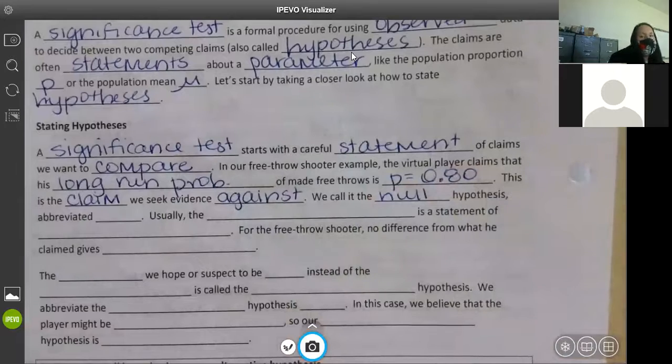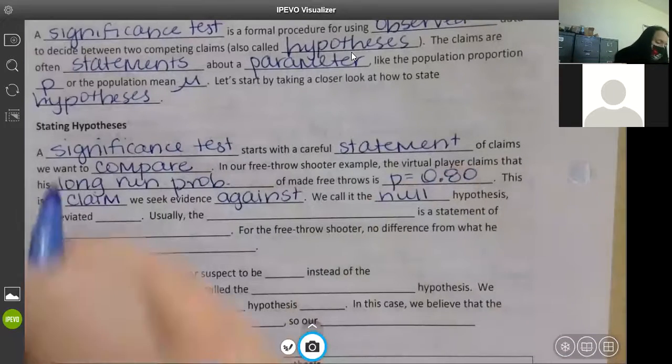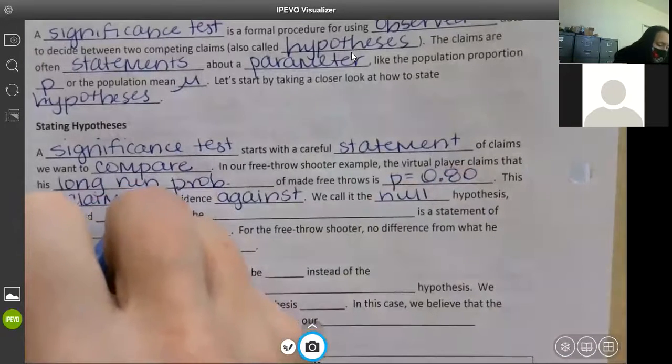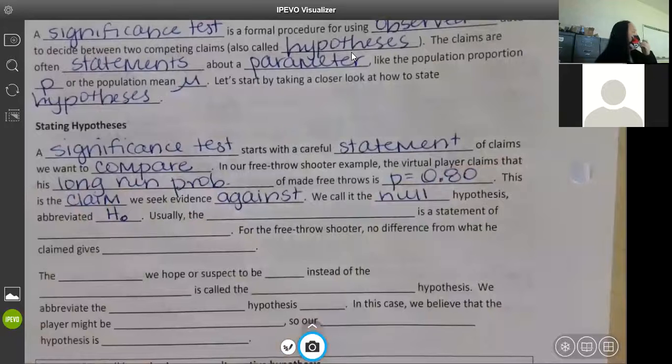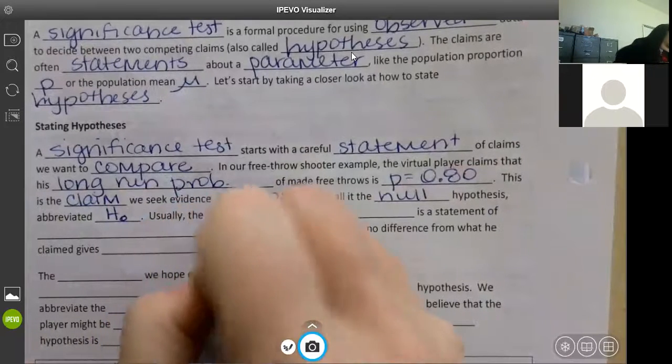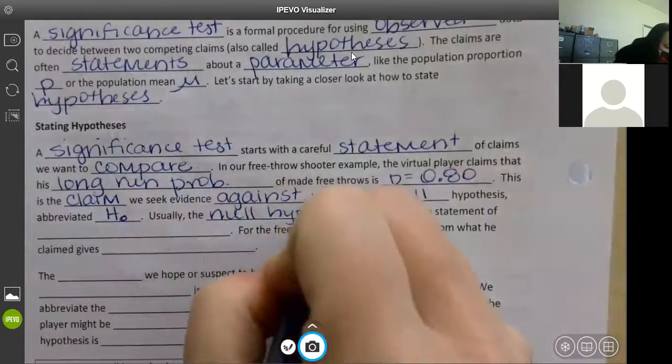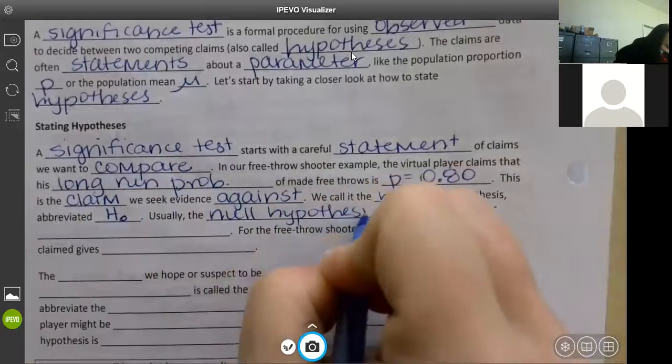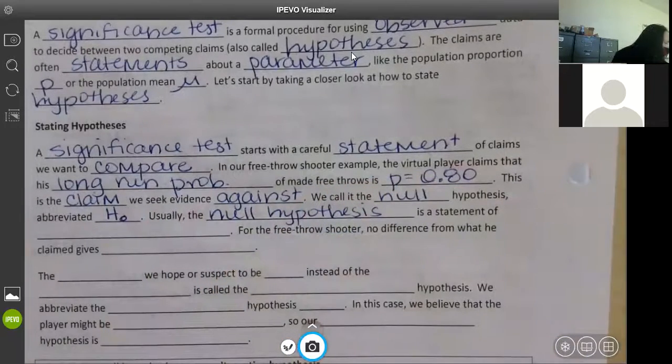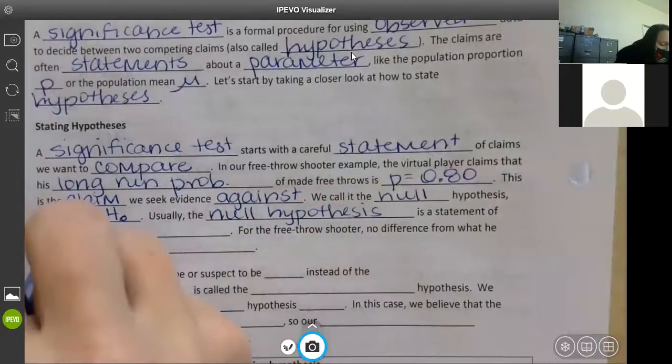We call it the null hypothesis, and that's abbreviated H sub 0. Null is 0, so H sub 0. Usually the null hypothesis is a statement of no difference.